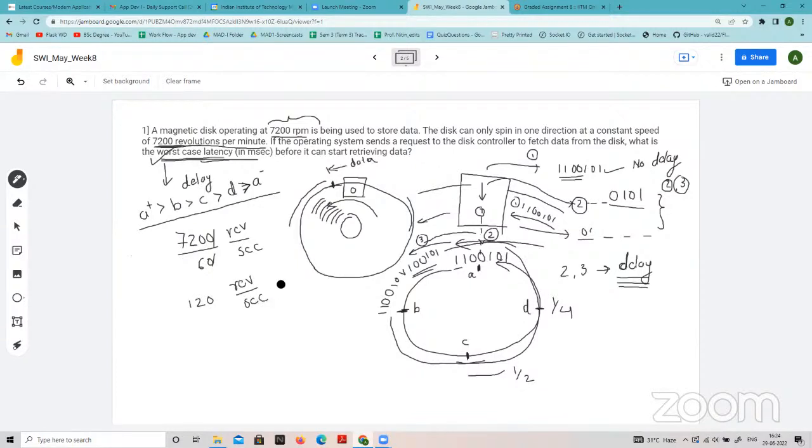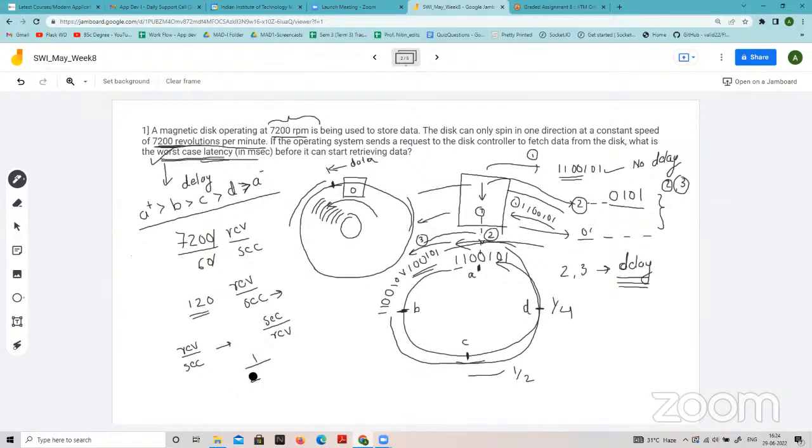If it is taking 120 revolutions per second, I need to find out the time taken for one revolution, right? Time taken for one revolution in seconds. What I have now is revolutions per second. I need to find seconds for one revolution. I need to find out time per revolution. So simply take the reciprocal of this, right?